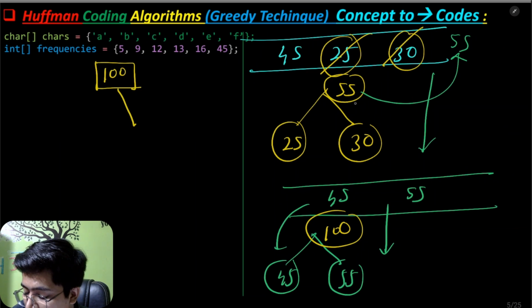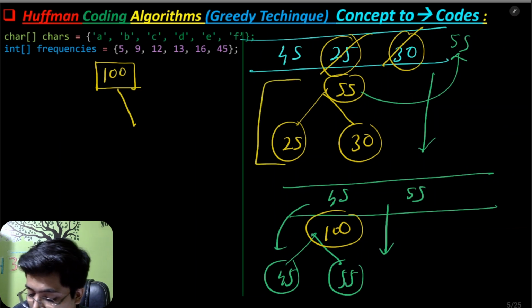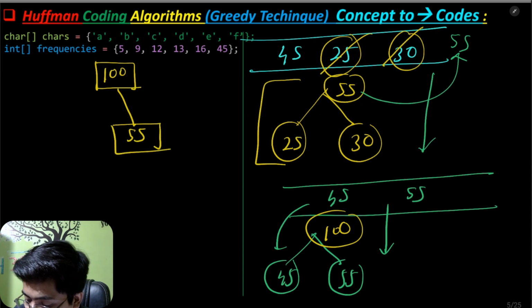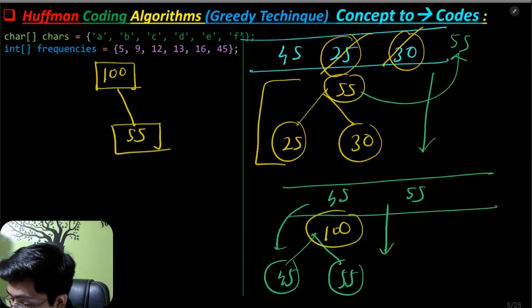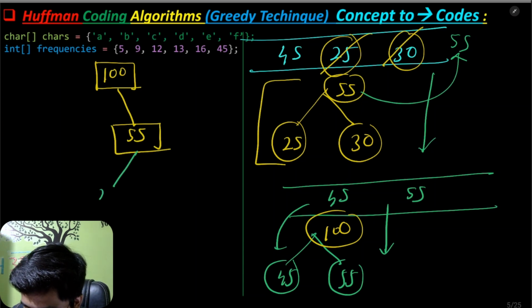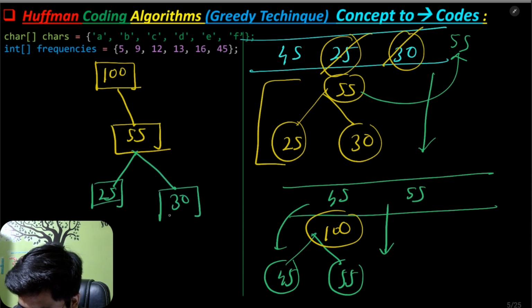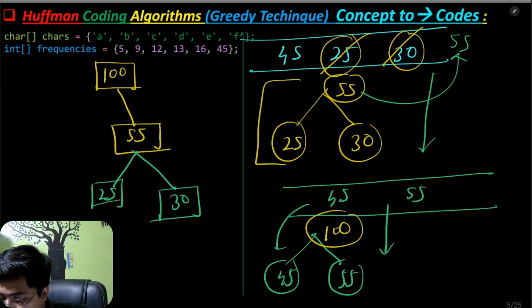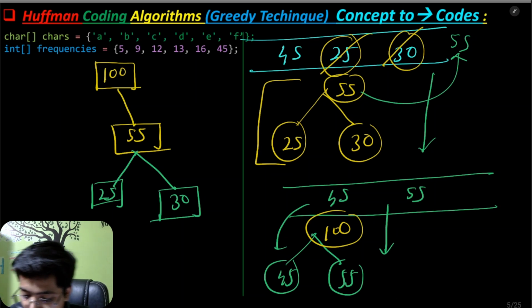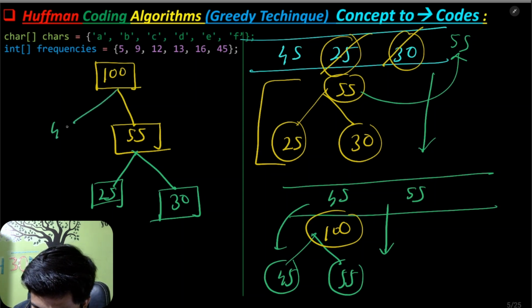So 55 is connected with this one, just observe. 55 is connected with this one, 25 and 30. So the other nodes are 25 and 30. And if we just observe, on the right side there is 45.